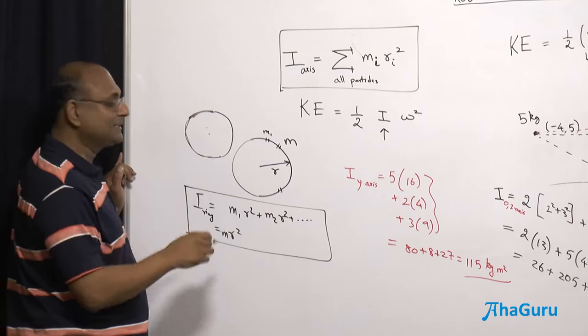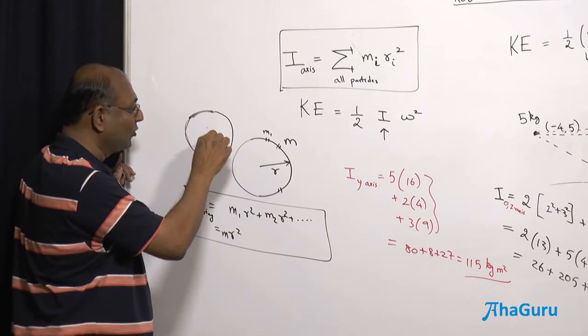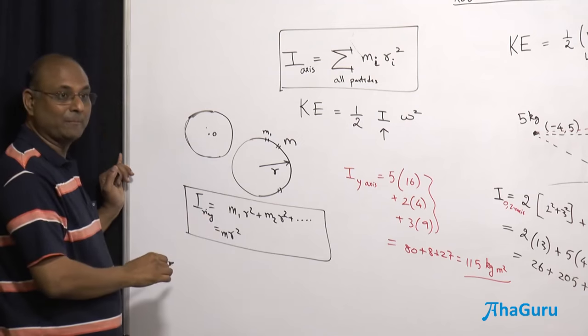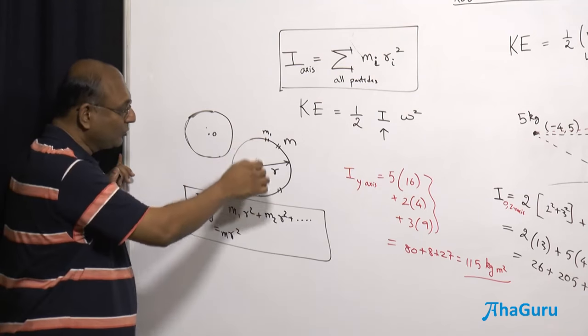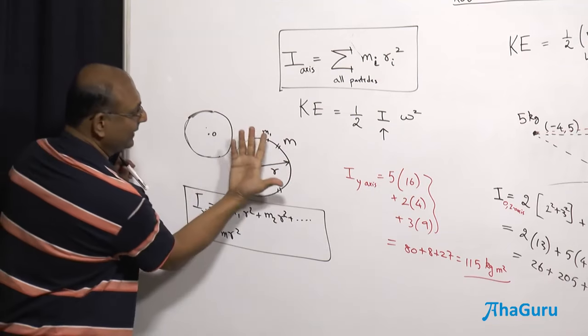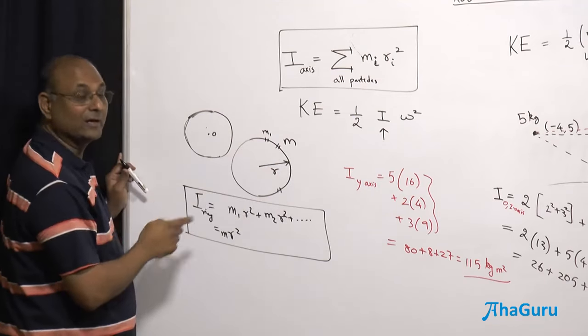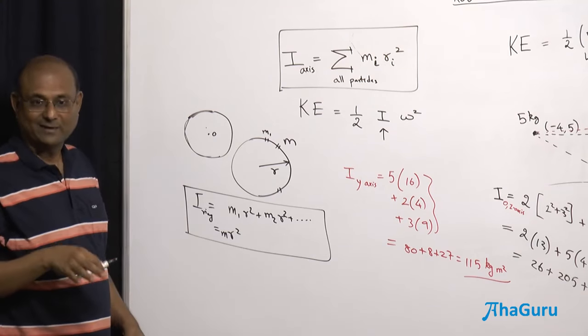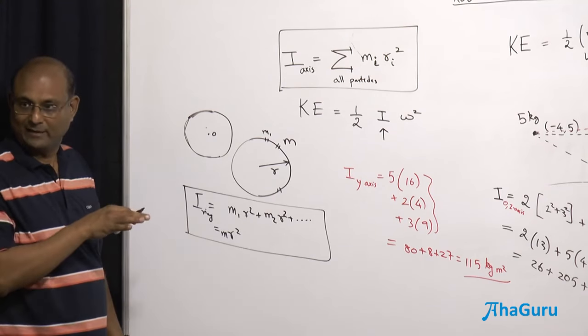But the moment of inertia about this axis, about O, with an axis like this, will be mr square. Later we will learn what to do when I have an axis like this, where this ring is rotating this way. There uniform will matter. For this, uniform doesn't matter. I hope that is clear.